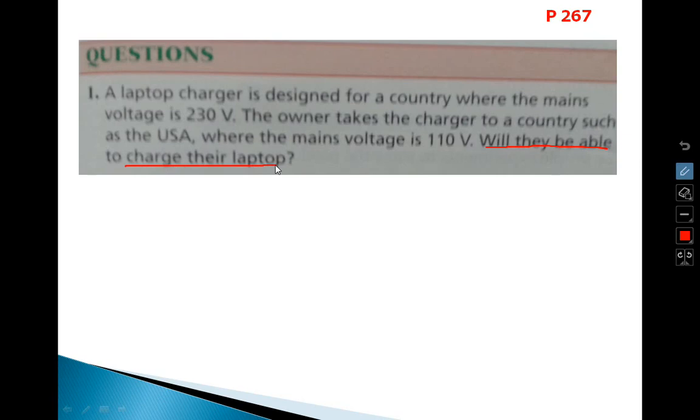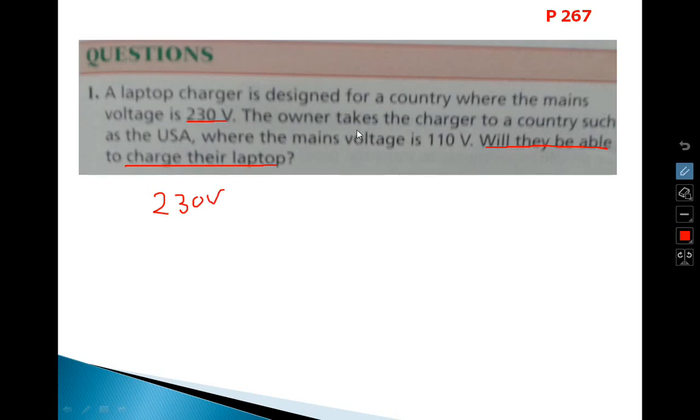For this charger to work, it needs 230 volt.